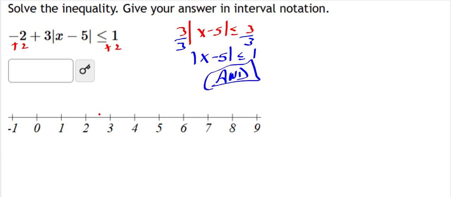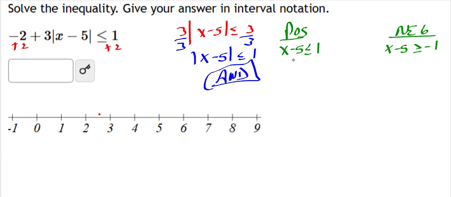So we're going to now solve it. We're going to write a positive, and then we're going to write a negative. So that is x minus 5 less than or equal to 1. X minus 5 greater than or equal to -1. So I'm going to add 5. So x is less than or equal to 6. Add 5. X is greater than or equal to 4.